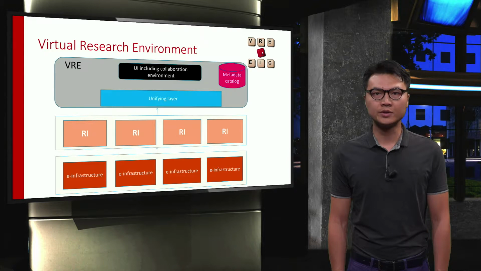VRE supports research by interconnecting the multiple underlying ERIs supported by E-infrastructures, while the VRE users neither know nor care about the underlying E-infrastructure. The perspective of the user, the researcher's needs, is essential for developing the VREs.